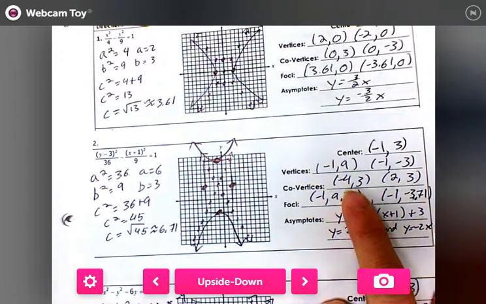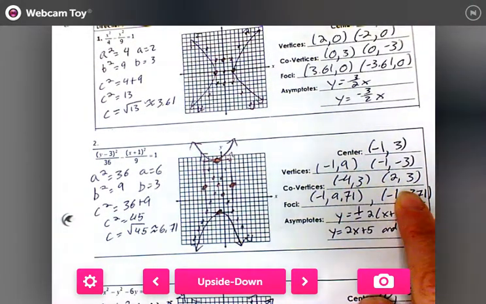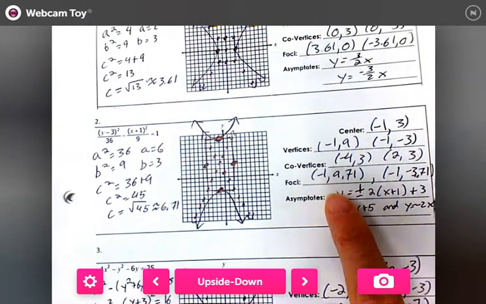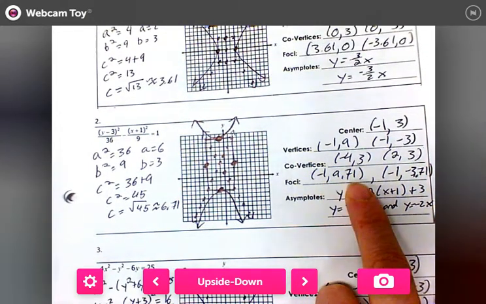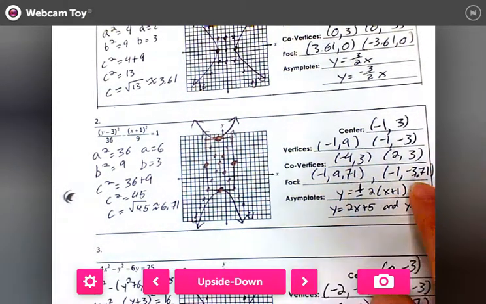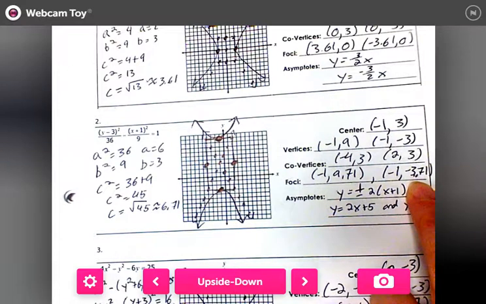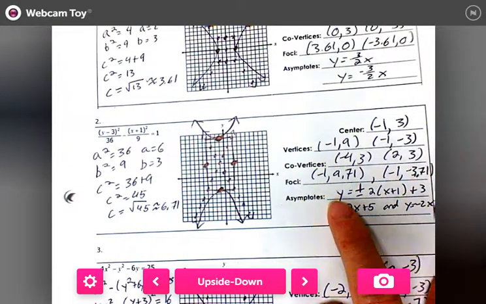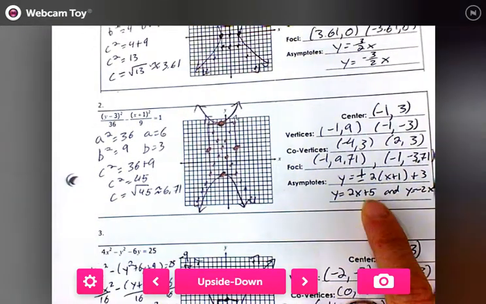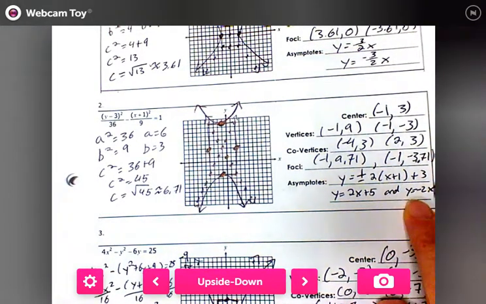The co-vertices are negative 4, 3 and 2, 3. Focus points are negative 1, 9.71 and negative 1, negative 3.71. My asymptotes are y equals 2x plus 5 and y equals negative 2x plus 1.